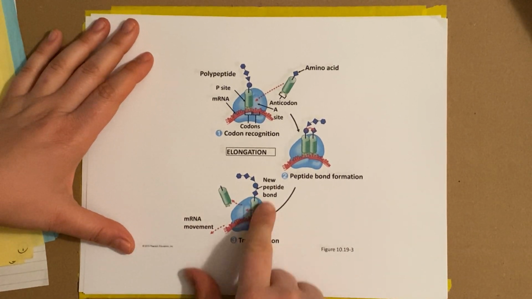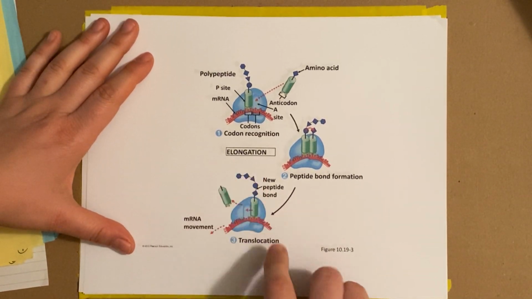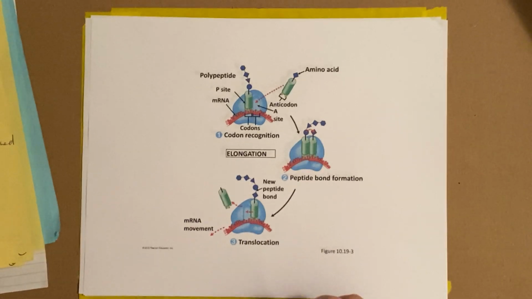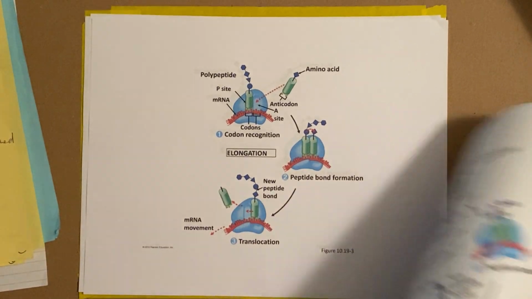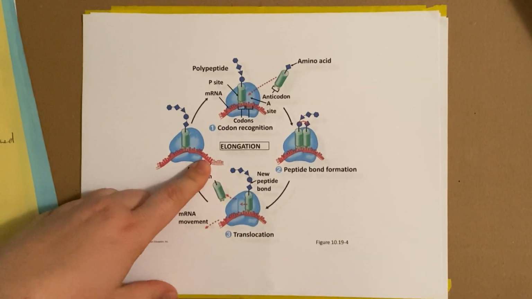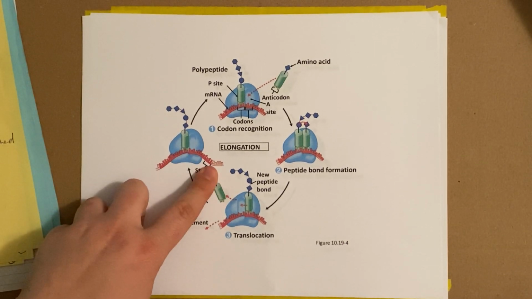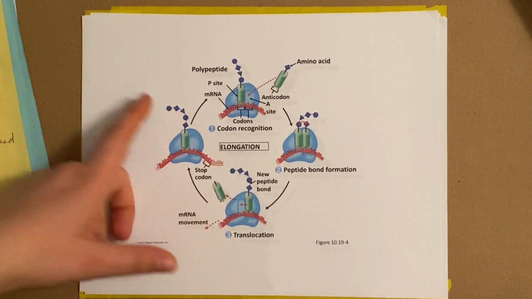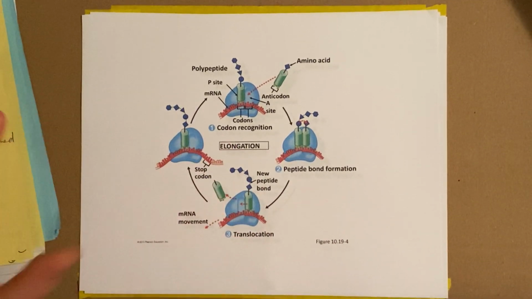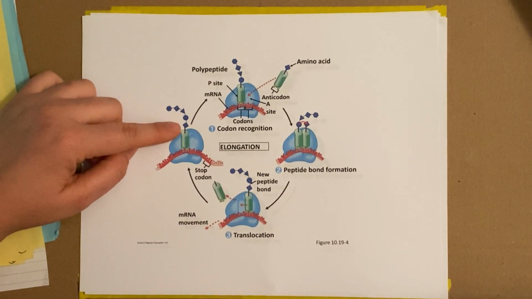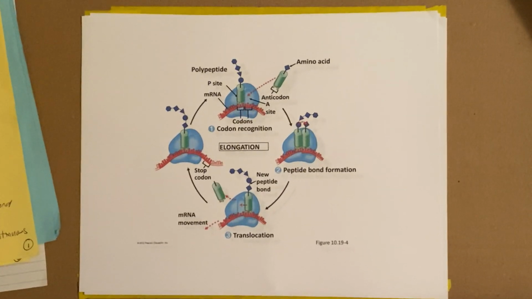More tRNAs are going to come through, and you're going to keep going until you get to a stop codon, okay? Once we get to a stop codon right here, all of this basically falls apart and you have your polypeptide, okay? That polypeptide then needs to be folded, and other modifications can take place before it turns into what we call a mature protein, okay?